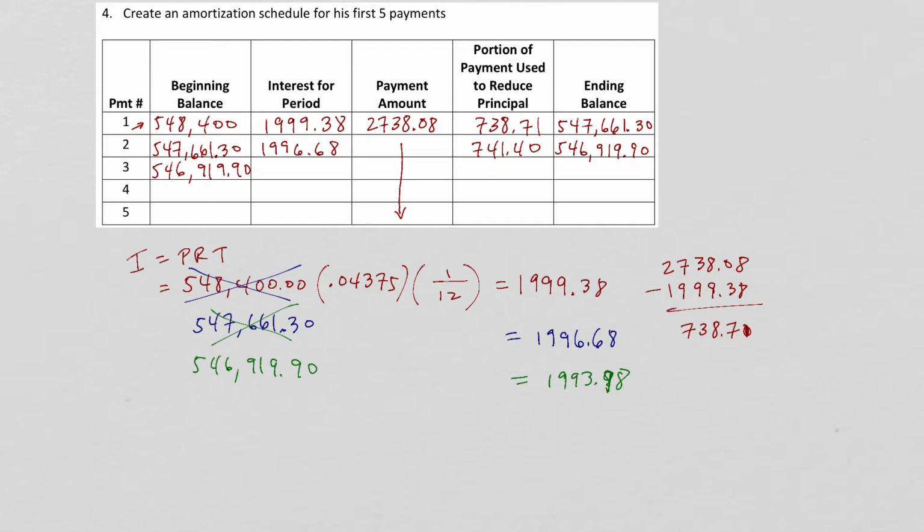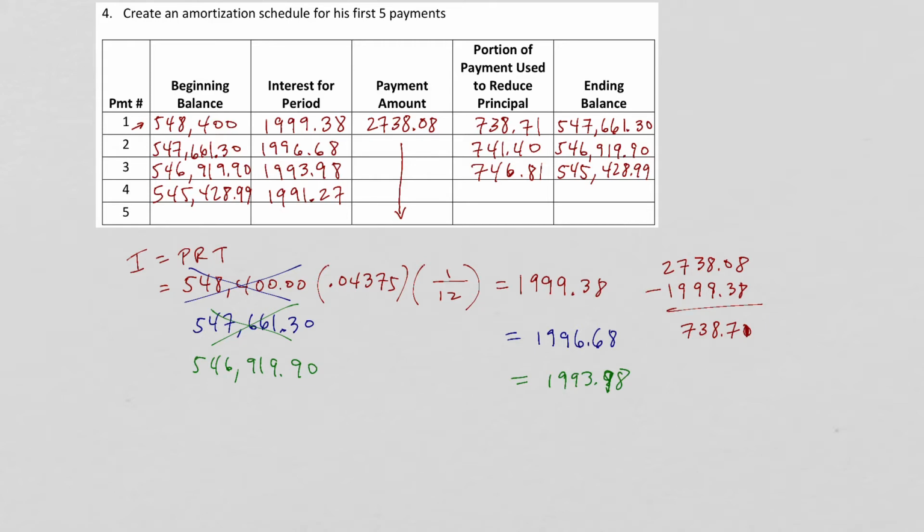And when we subtract, we'll get 746.81. So we subtract again and get 545,428.99, and we'll start that over here. And we'll get 1991.27.